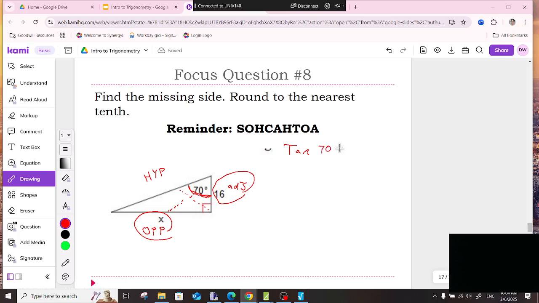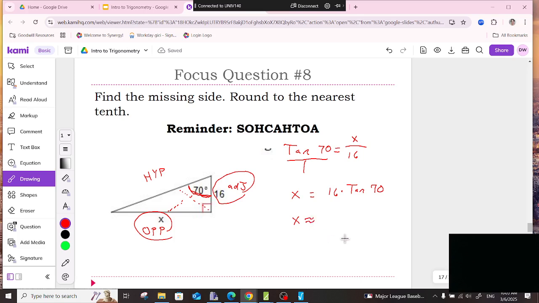So then I go tangent 70 is equal to, what is it? Opposite over adjacent. So x over 16. I place this over 1 and I'm going to cross multiply. So I get x is equal to 16 times tangent 70. So what does x equal?